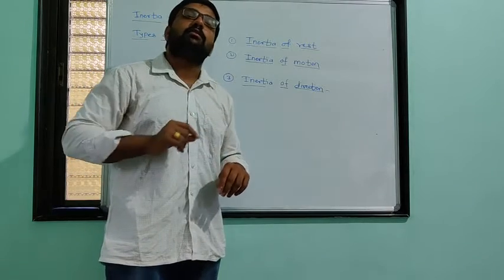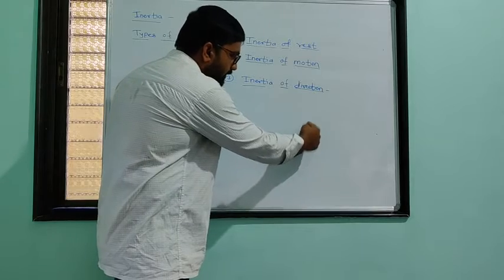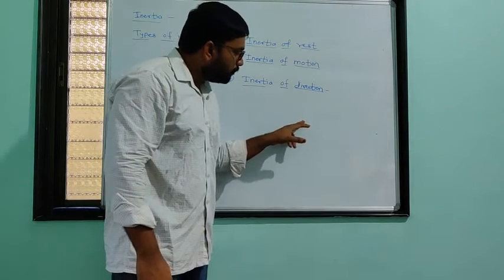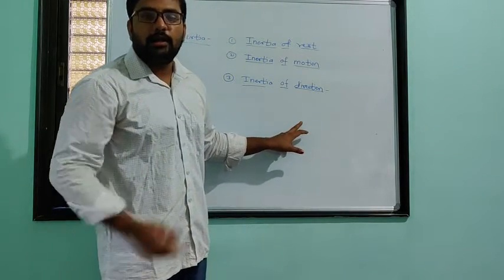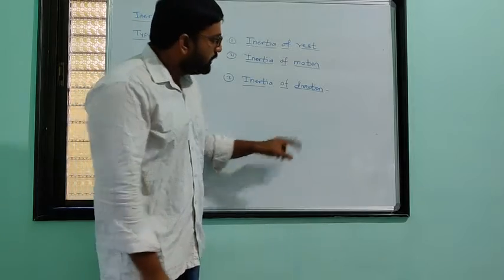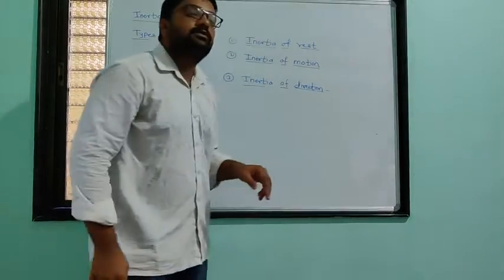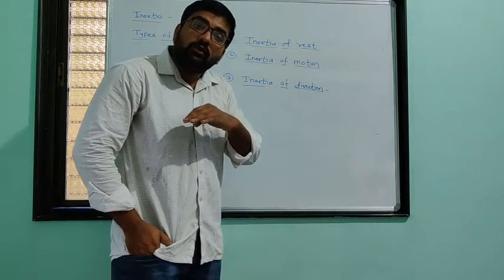I will also give you another example, of running. If you cover a 100-meter distance, as I already told you, we do not stop exactly on the 100-meter line. If we want to stop, we have to cover some more distance and then we stop. In 100 meters, our body does not want to stop.